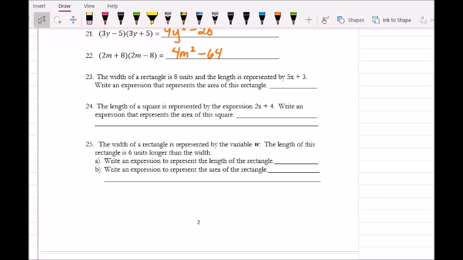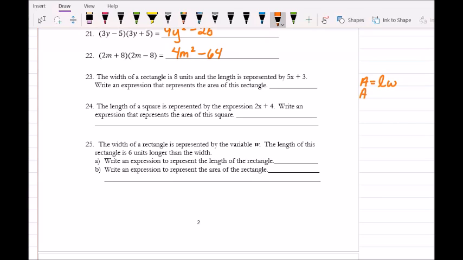Okay, so number 23, the width of a rectangle is 8 units and the length is represented by 5x plus 3. Write an expression that represents the area of this rectangle. Let's remember that the area of a rectangle is its length times its width.